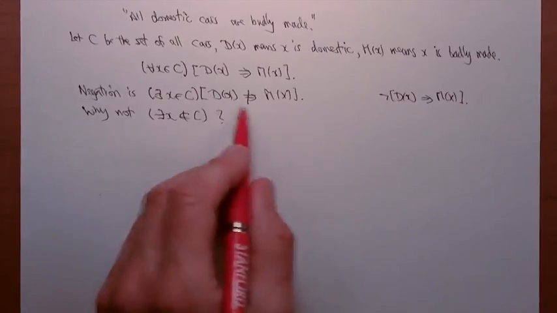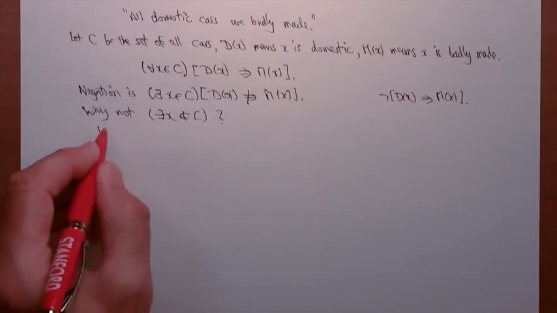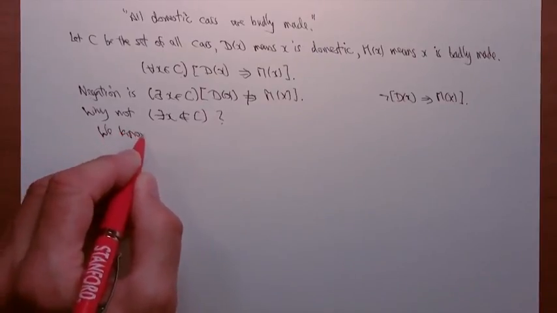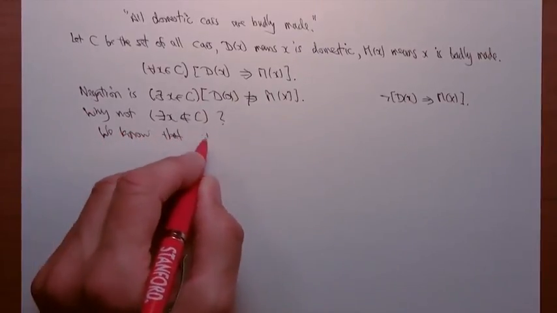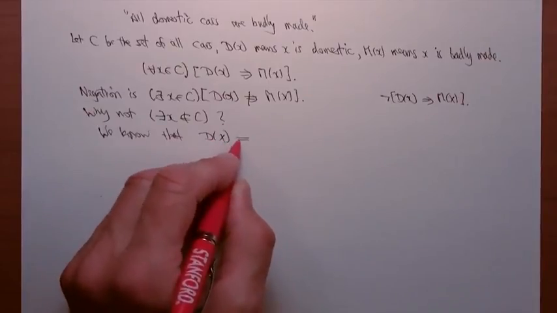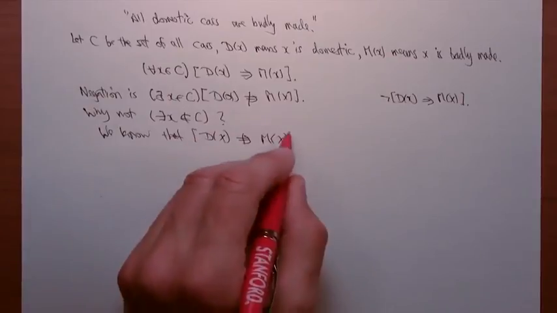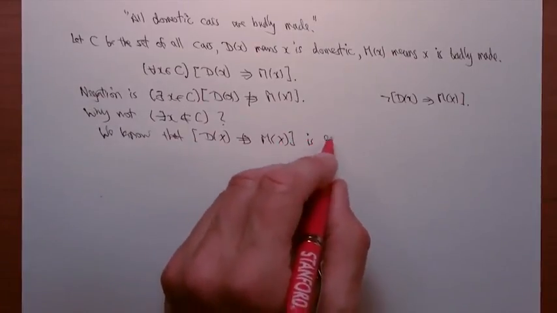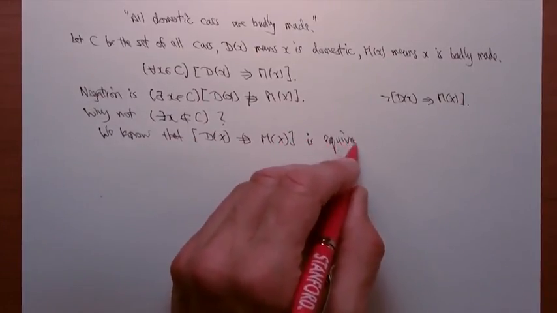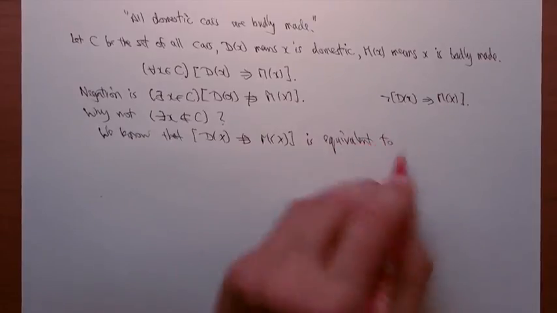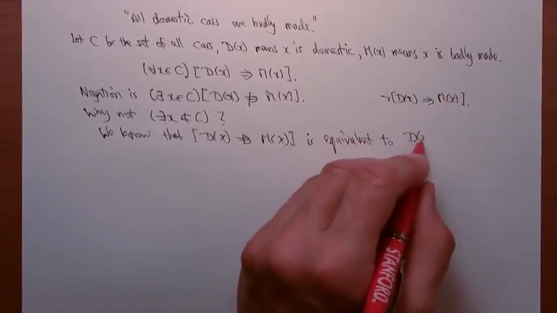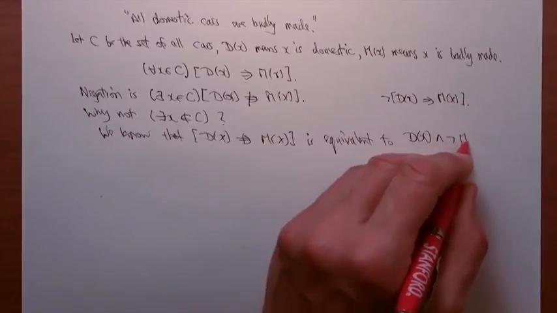Okay, now let's look at this part. We know that D of x does not imply M of x is equivalent to D of x and not M of x.